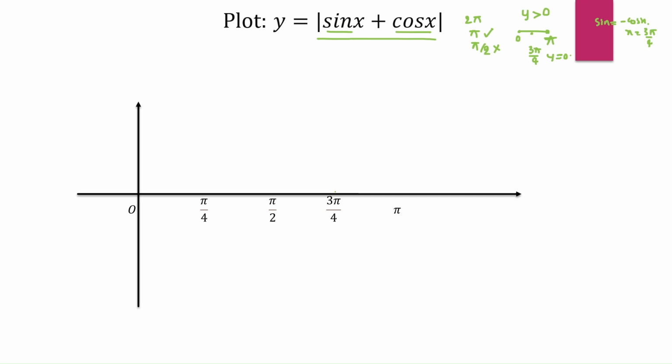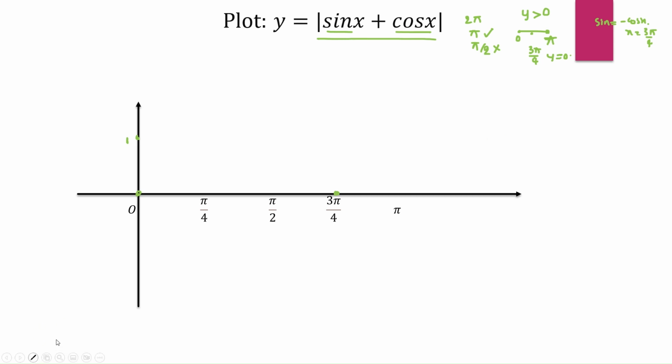At x equal to 0, sin 0 plus cos 0 is 1. So at x equal to 0 the value is 1, and at x equal to 3 pi by 4 the value is 0.